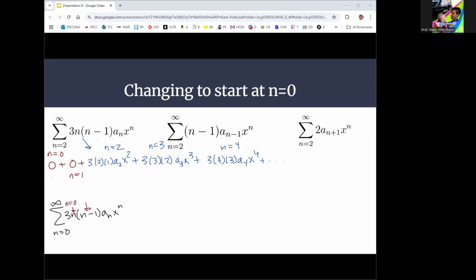It'd be 3 times 1 times 1 minus 1, which is 0. So when you have a factor of n, it will make the n equals 0 term 0. And when you have a factor of n minus 1, it will make the n equals 1 term 0. And since those two terms are 0, these are, in fact, equal summations. So this is a case where we can just change the starting index from 2 to 0 and not change anything else. Pretty cool.